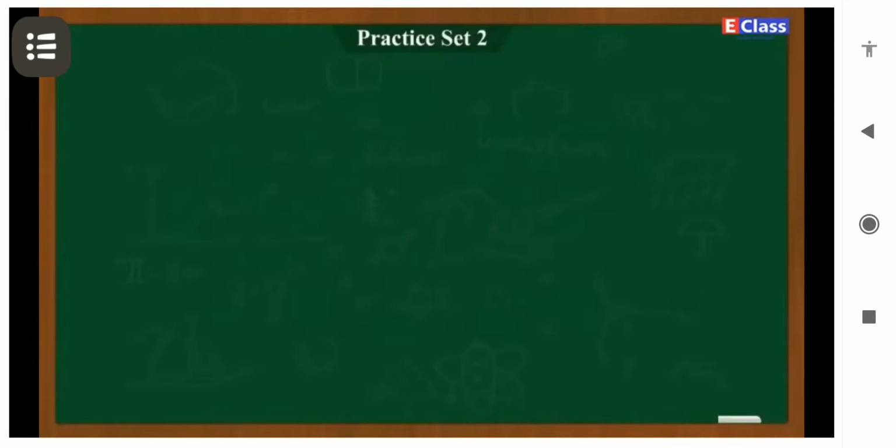Now students, let's solve practice set 2. Now we are going to solve the very first question of practice set 2. Question number 1. Draw triangles with the measures given below.